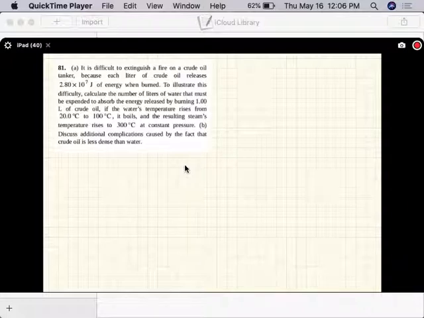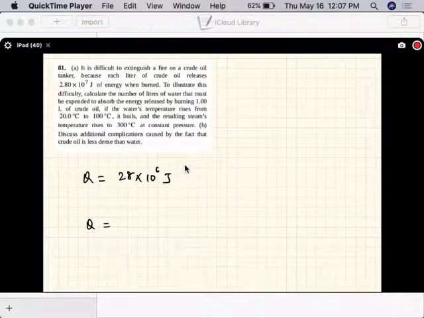All right, so how much heat do you have at your disposal? 28 million joules. Okay, so we're going to give it to the water. So what we are going to do, mass of water times specific heat of water, and we're going to warm the water from 20 degrees to 100 degrees. Then what are we going to do with this?